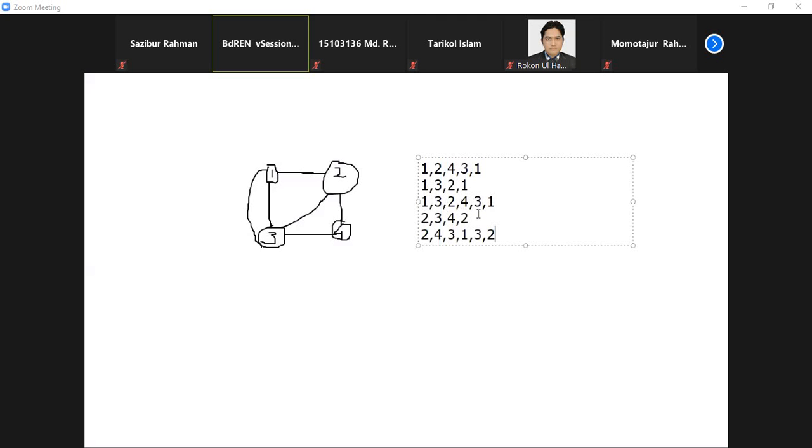So the definition of cycle that I said is that when the starting node and ending node of a path is same, then that is known as a cycle.